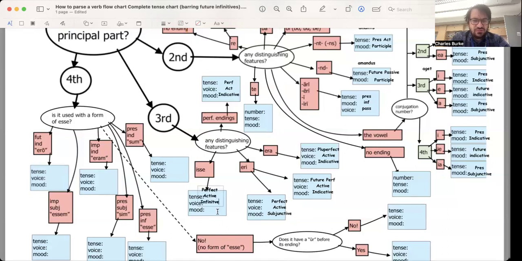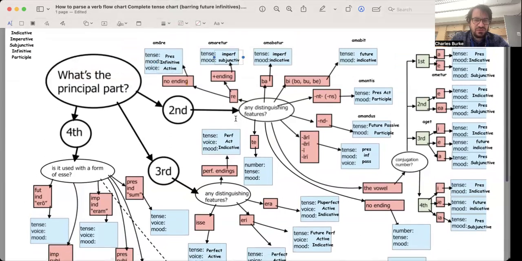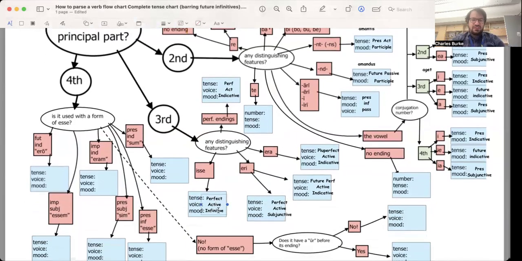Now, just like up here where we can add endings to the present active infinitive and we get the imperfect subjunctive, down here, if we were to add endings to the perfect active infinitive, we would get the pluperfect active subjunctive. So there were two answers here, and I messed up by not including both. Okay.